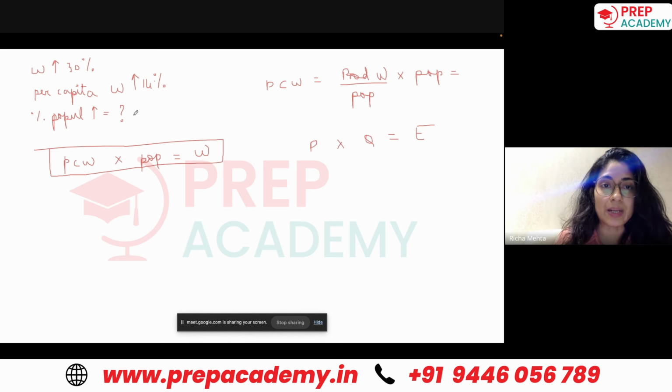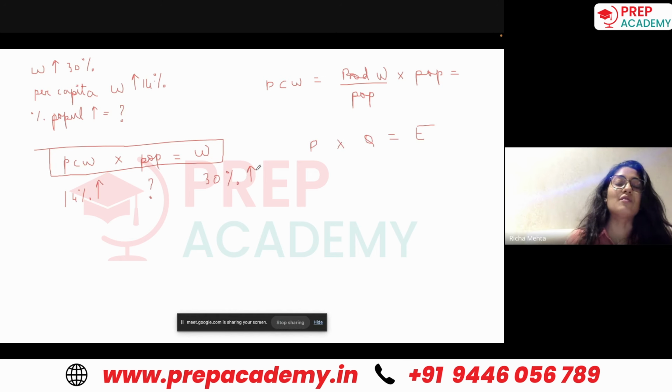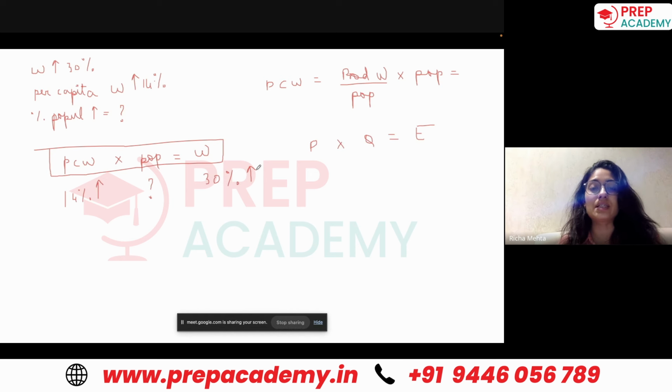Now per capita production has increased by 14%. So this has increased by 14%. I don't know about this, but my overall wheat has increased by 30%. Do you understand this? Yes, ma'am. Okay, so now for this, what did we do to find out this? We used fractions.